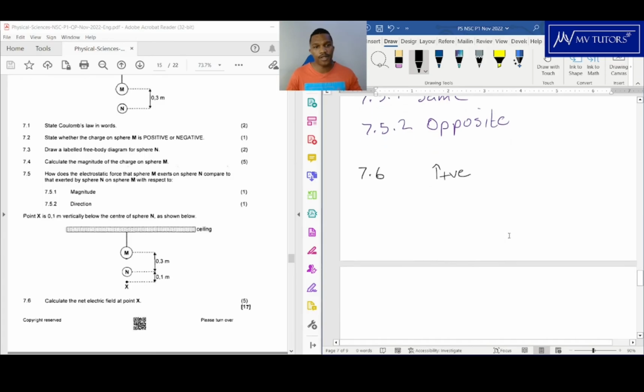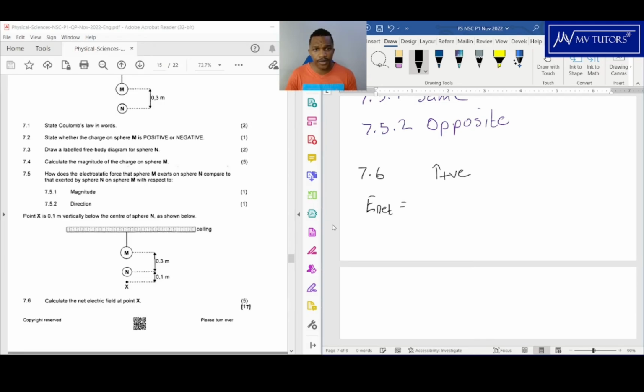Okay, upwards is positive. Now that we've done that, we know that the sphere M is actually negative. And we know sphere N is positive, as given in this question. So to get the net electric field, we need the net one.